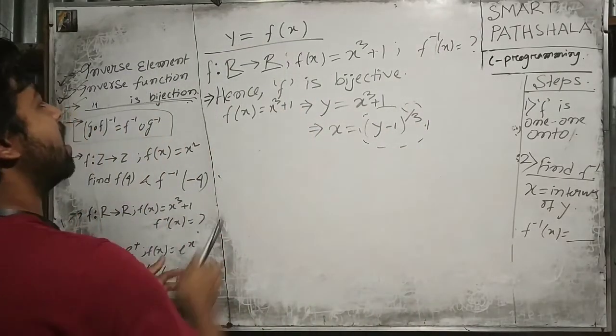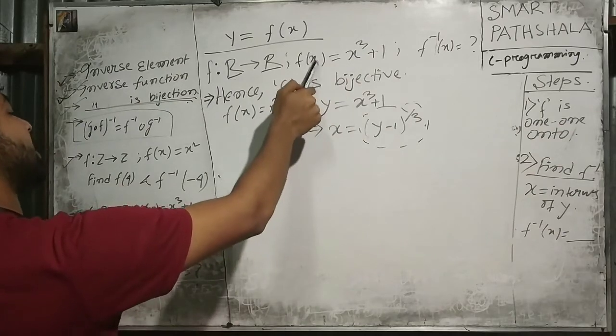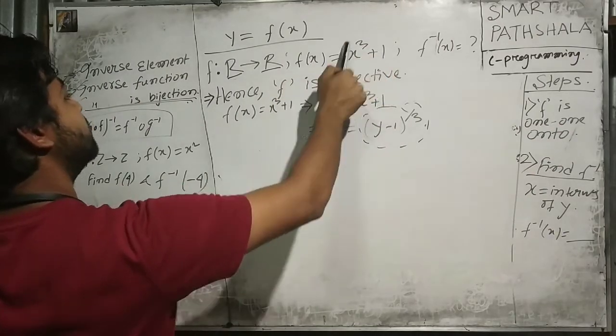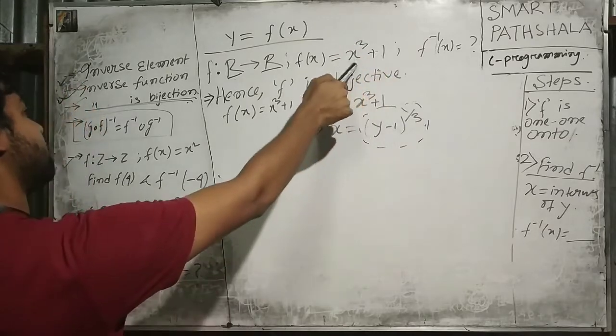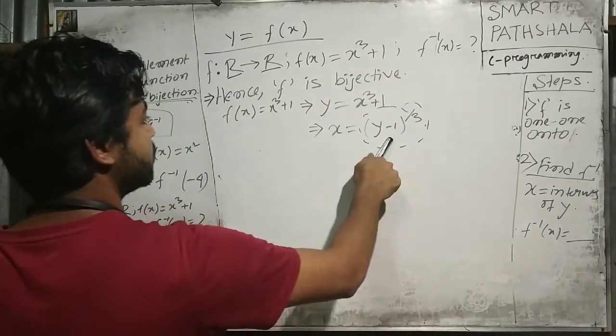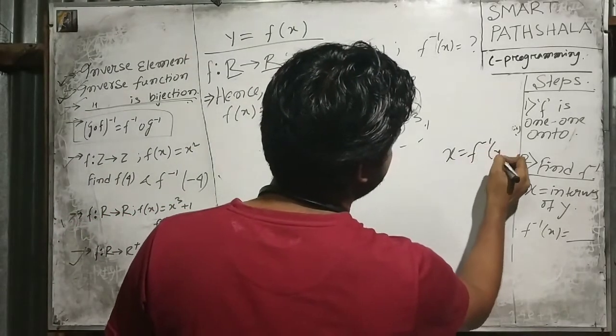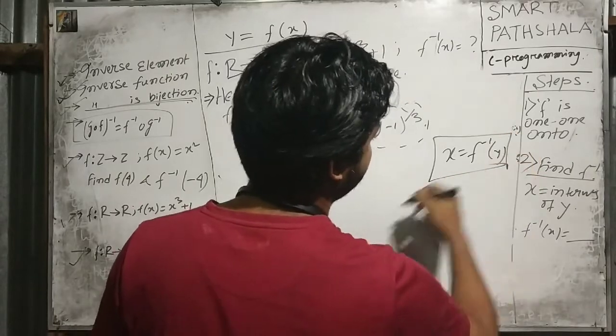Now when we write f of x is equal to x cube plus 1, that is within the domain, it's x. Then I am writing this expression in terms of x. Similarly, this expression is in terms of y. So we can write that x is equal to f inverse of y, right?